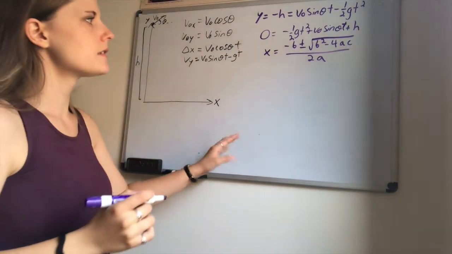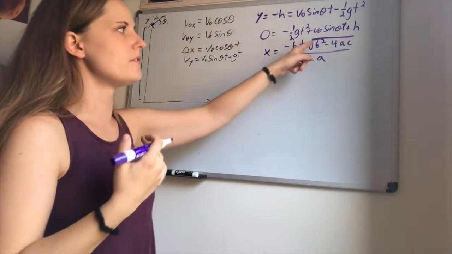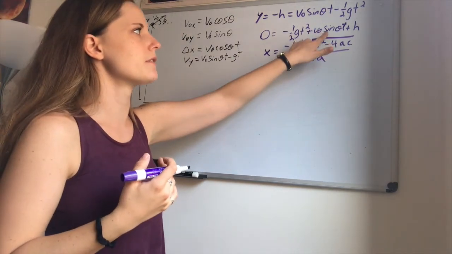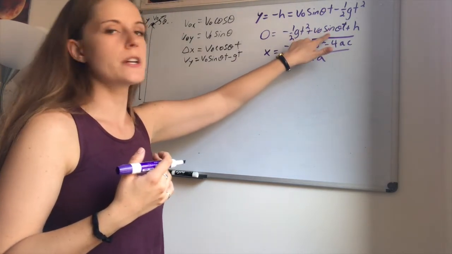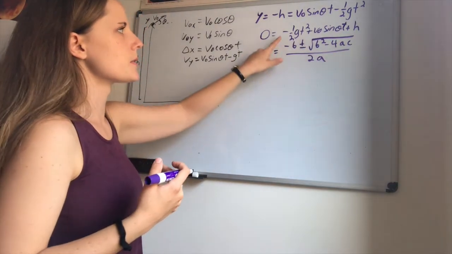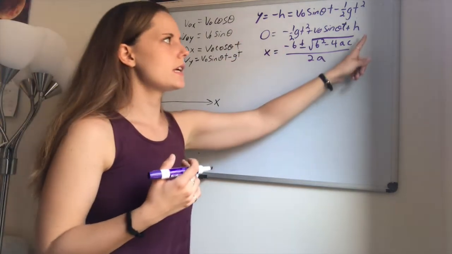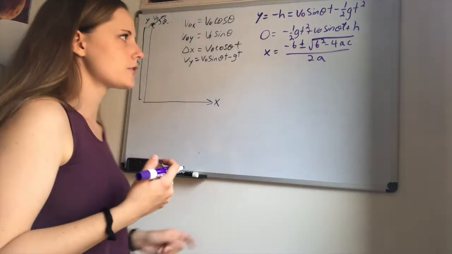Now in our equation, our x is going to be t, b is going to be v naught sine theta because it's in front of the second term here, which is multiplied by the t, and the a is what's multiplied by the t squared, so that's minus 1/2 g, and the c is our constant value h.